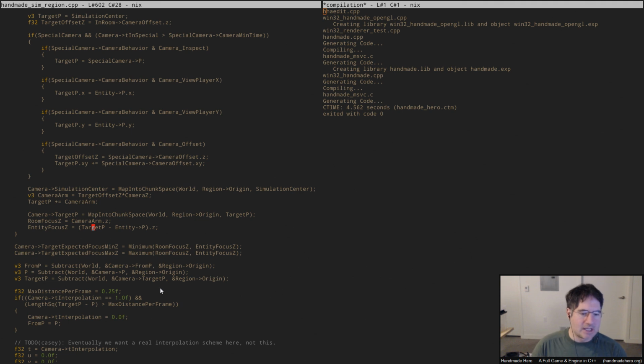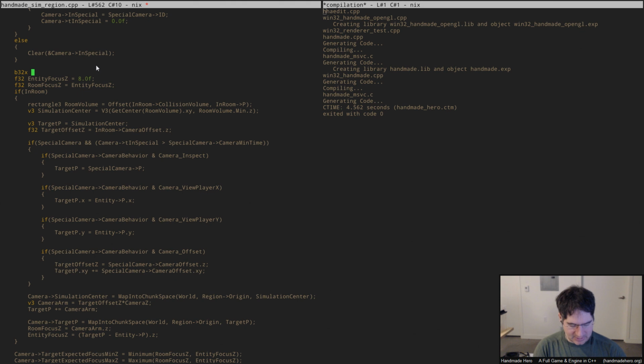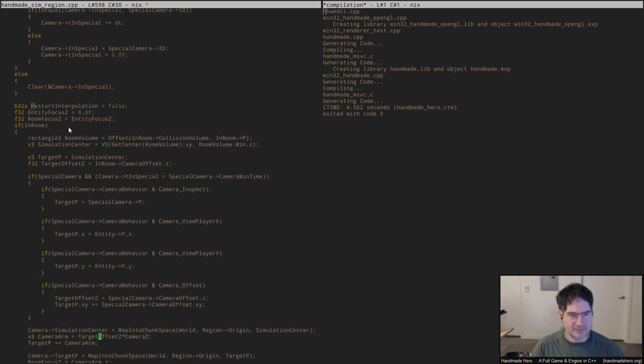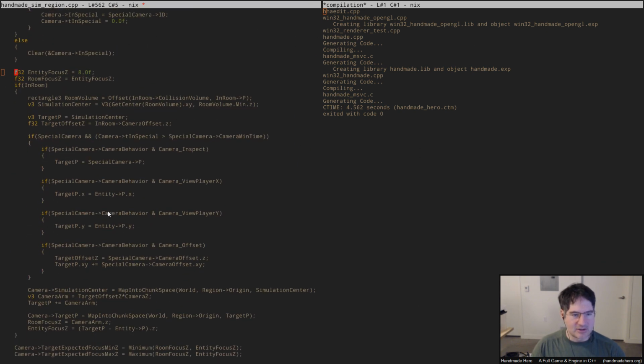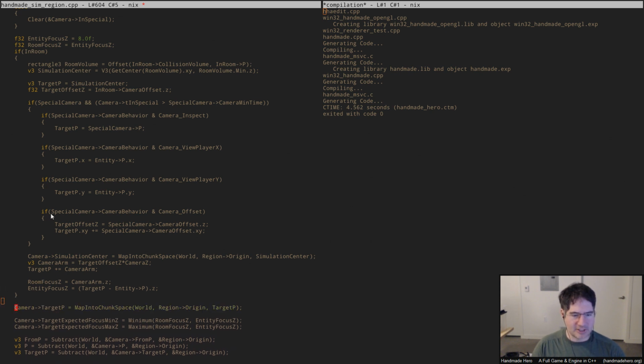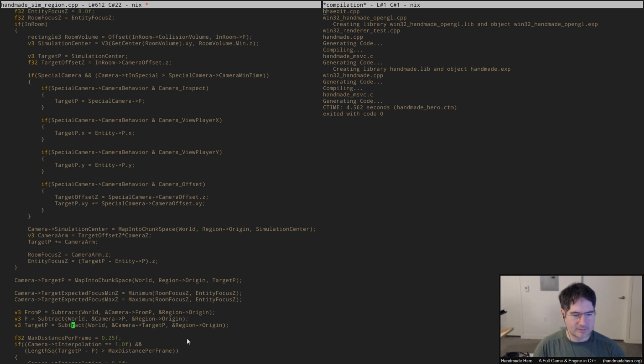So I don't know. The way we would do that is, I think, all we would say is restart interpolation is a value that we can trigger. And then when we're here, we can just say, look, if we move the target too much. Another way to do it would be, looking at this, if we make the target P be something that comes out here, so the target P in this case gets pulled out early.